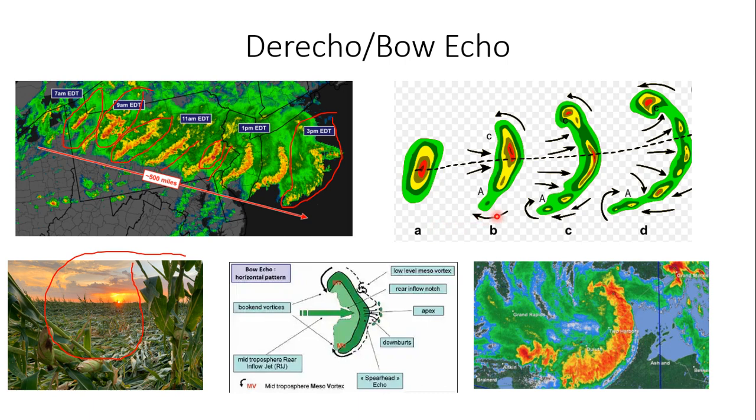As we get towards B, we're starting to see these dark arrows in the center behind this developing squall line. This is your rear inflow jet, RIJ, and notice how you're getting a counterclockwise circulation at the northern end of this bow echo, and a clockwise circulation on the southern end of it.